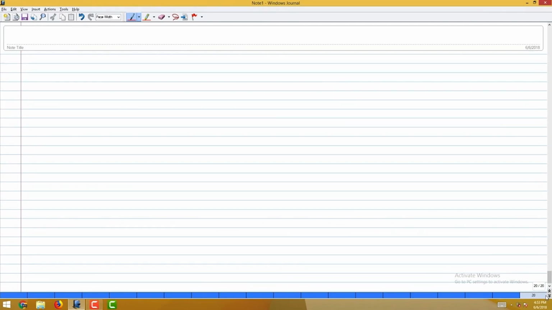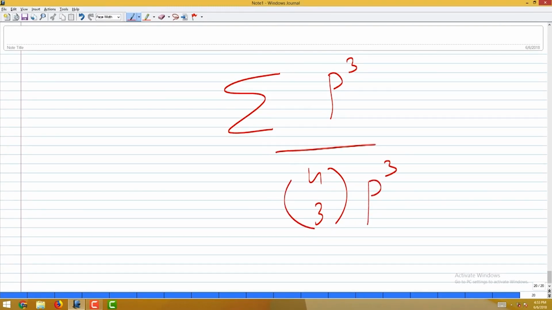So p cubed into 1 plus 0 into something, I do not care. That is the good thing about 0, we do not have to worry about where it is. So this indicator random variable trick is very nice because I only have to calculate that. So p cubed, and sum over all possible triangles, namely n choose 3 into p cubed, that would be the expected number of triangles.